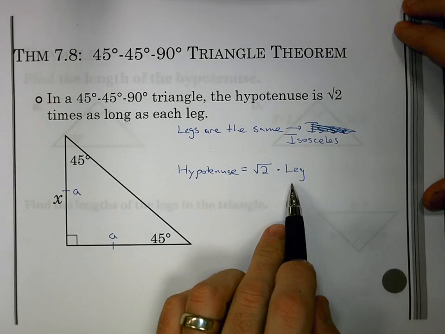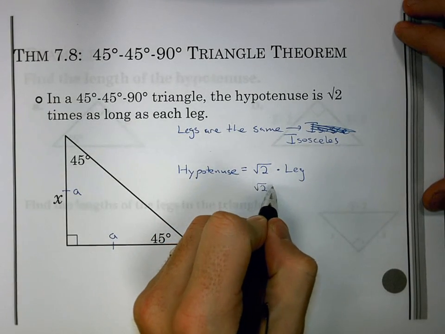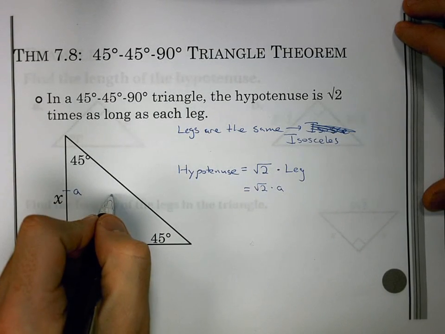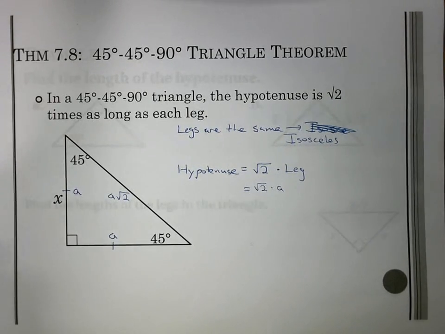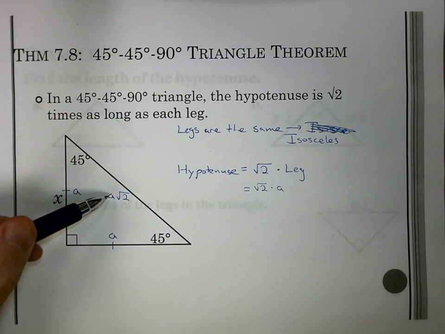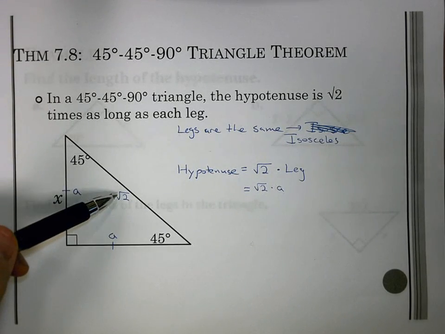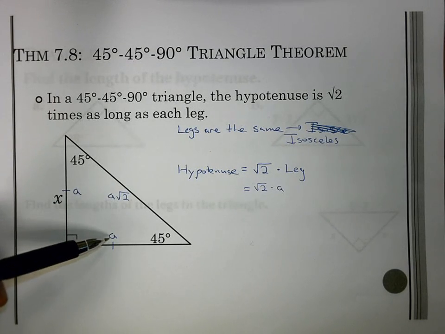If that's the case, radical 2 times a gives us the hypotenuse, which would be a root 2. This gives us a nice relationship to go by when we're talking about these triangles. It doesn't matter what size a is, the hypotenuse will always be a root 2.